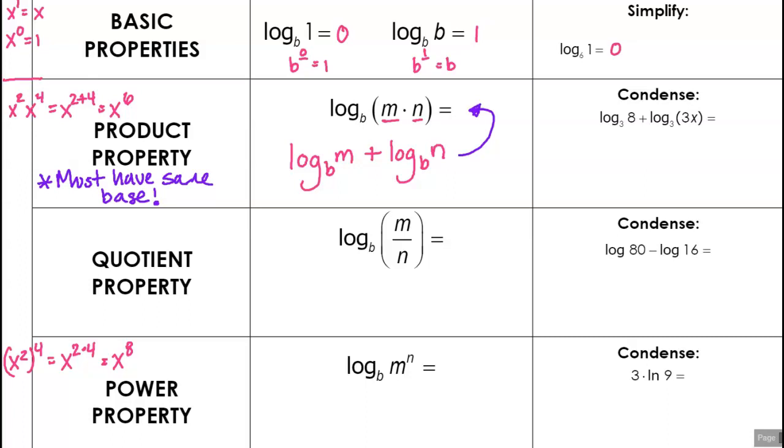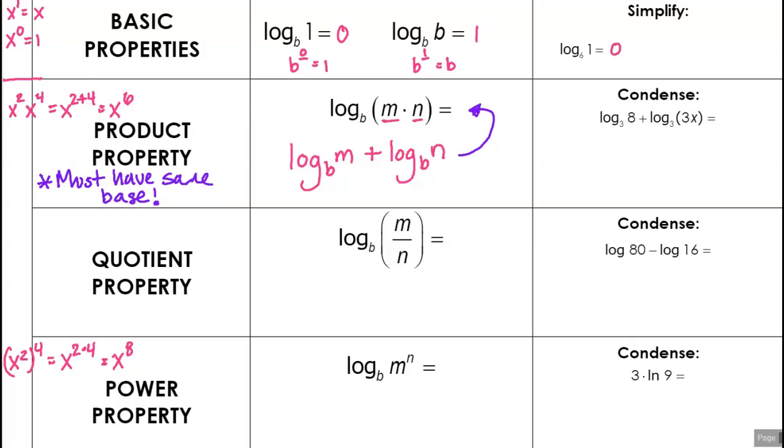So whenever you have the same base, the reverse is true as well. If you have the same base with two logs added together, you can condense those two logs into one log by multiplying the arguments together.